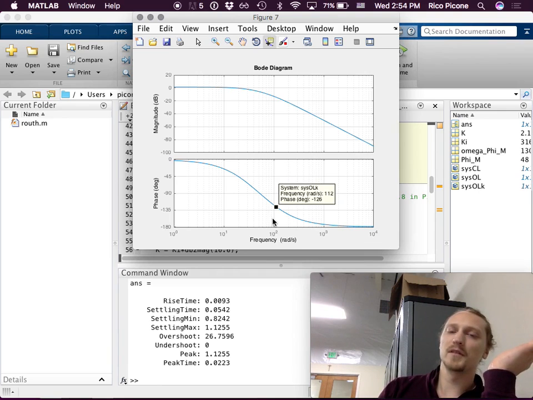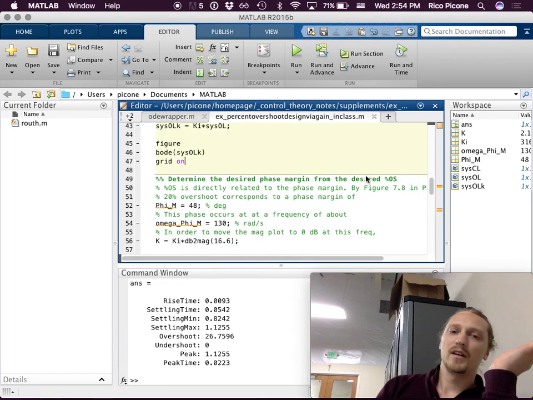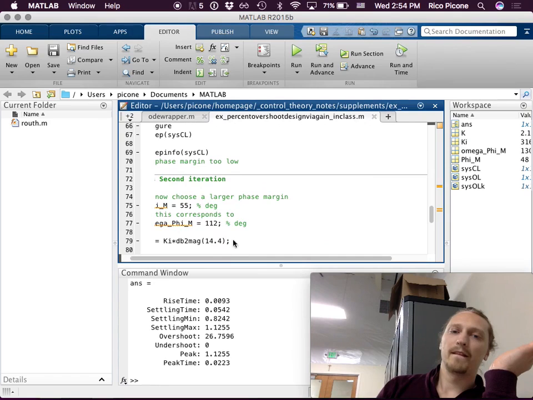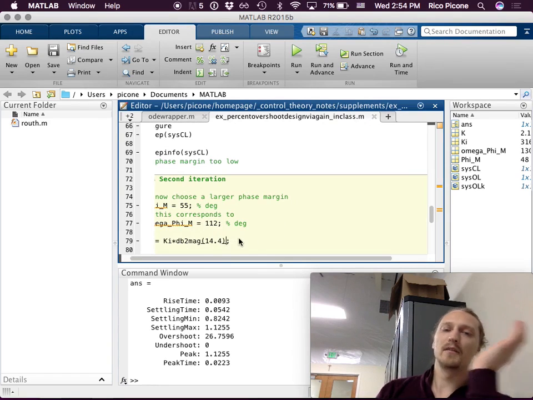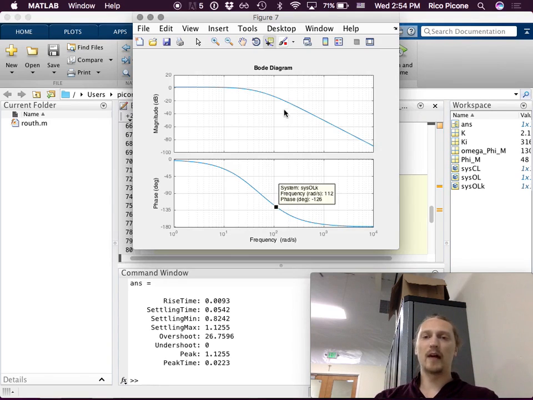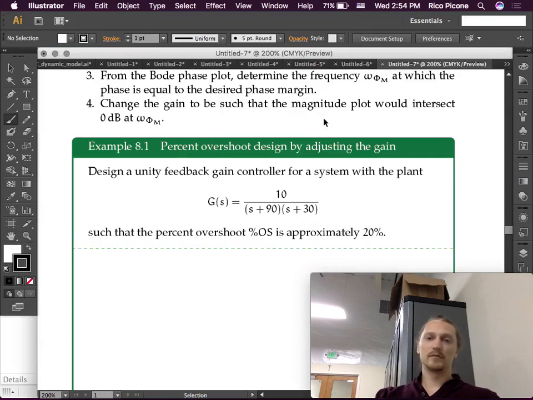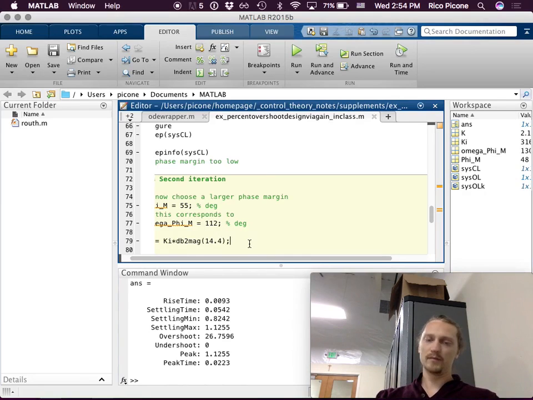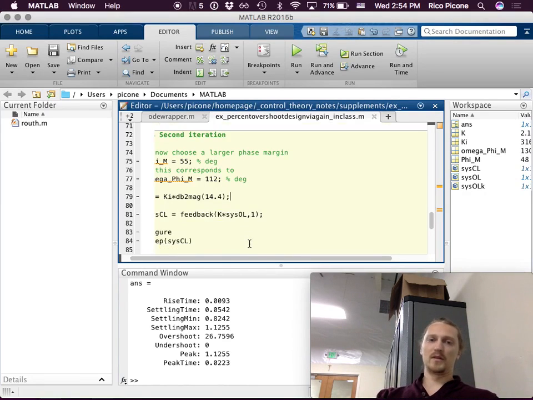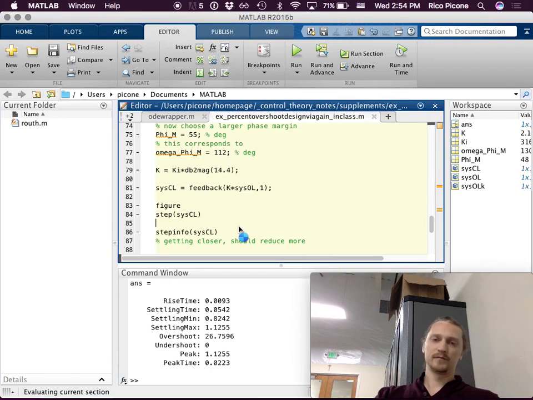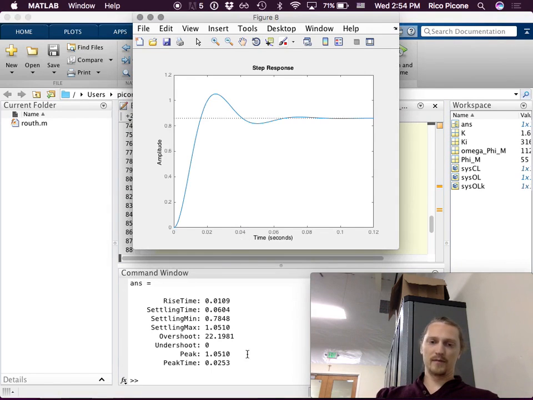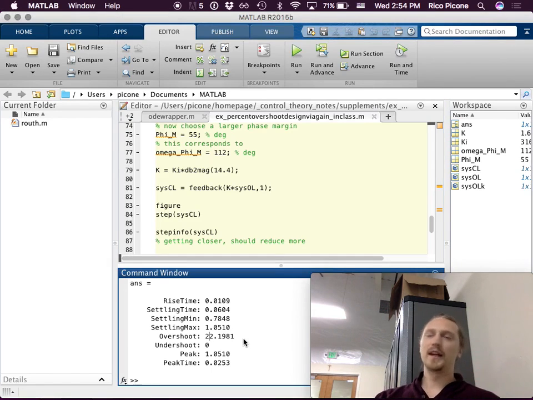So frequency of about 112. So that's what I came up with there. And then at that frequency, we have to figure out how much magnitude to increase, which is 14.4 dB to get to 0. So that's why we choose 14.4. Then we just do the same thing again. And 22% overshoot. So we're getting close.